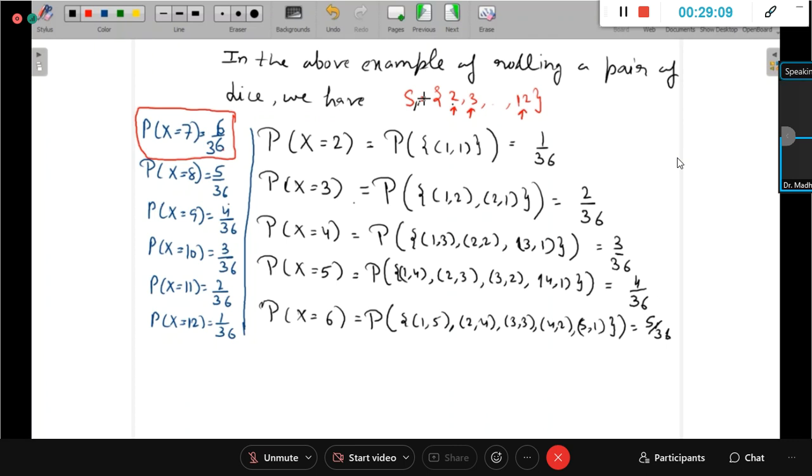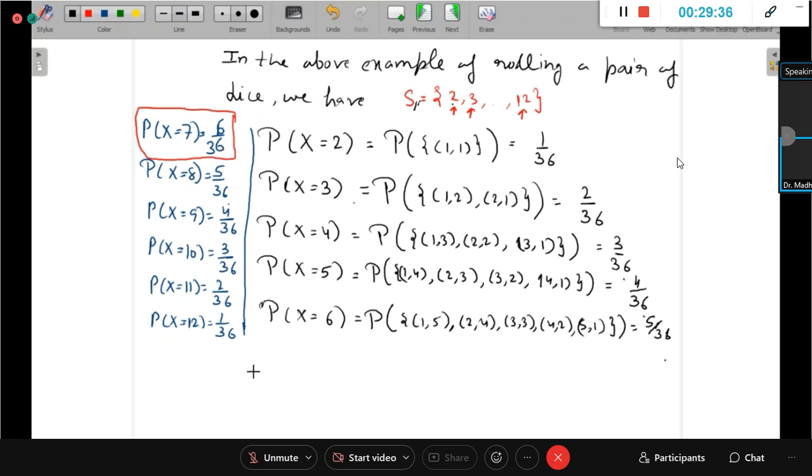We will also consider these properties later when we define the discrete random variable. But you can certainly identify that each of them is non-negative, greater than or equal to 0. That's the very first thing. Secondly, if you sum up all, 1 by 36 plus 2 by 36 plus 3 by 36 plus 4 by 36 and so on, this is also going to be equal to 1.